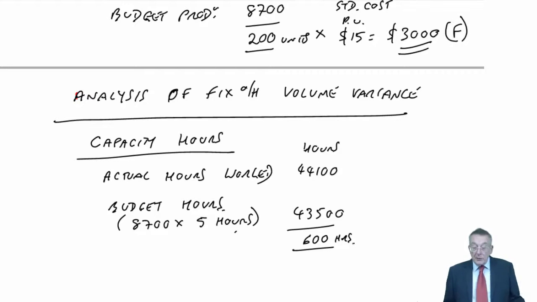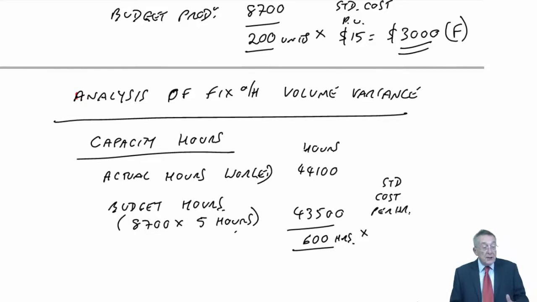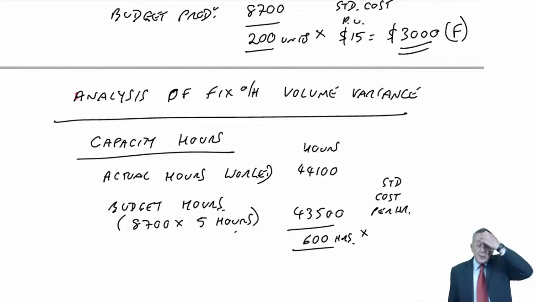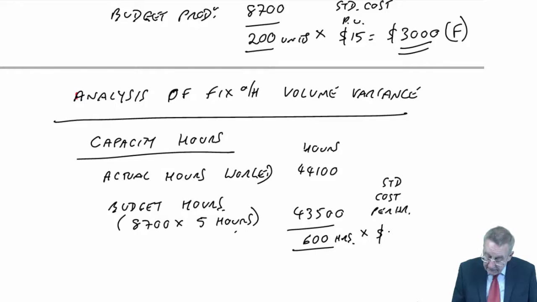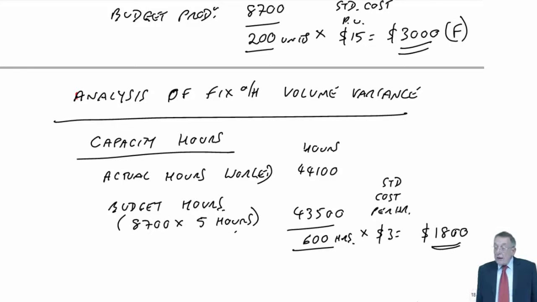And we cost it out at standard cost per hour. Remember, it's fixed overheads we're doing, so the standard cost per hour for fixed overheads, which if you look back, we'd absorbed at $3 per hour. There's the variance. Sorry, I called it capacity hours.